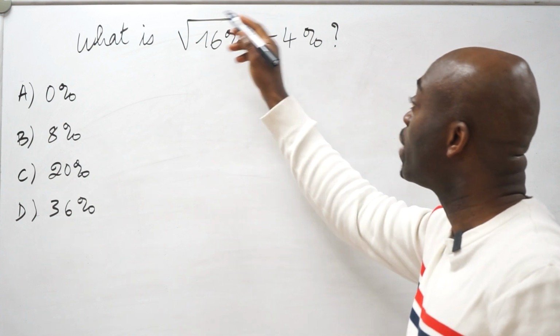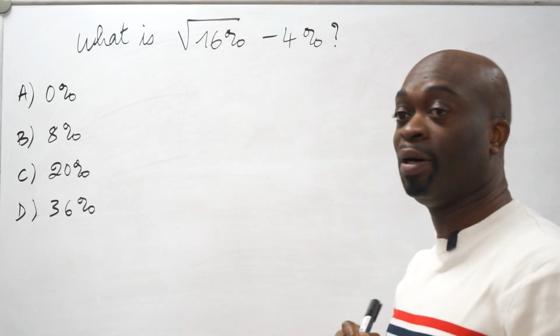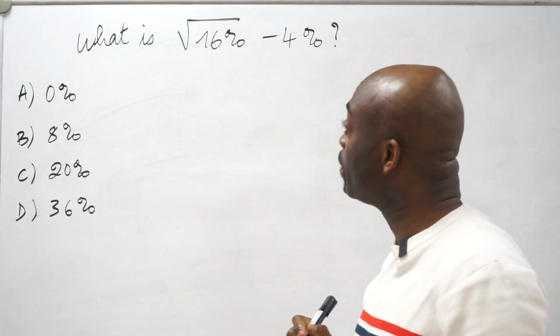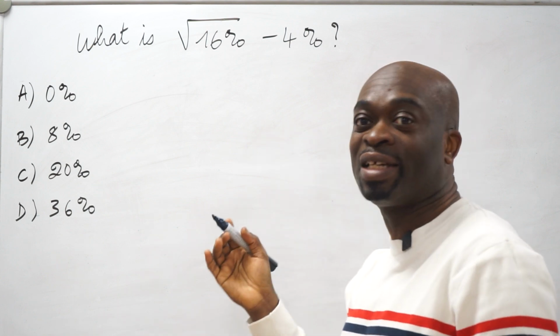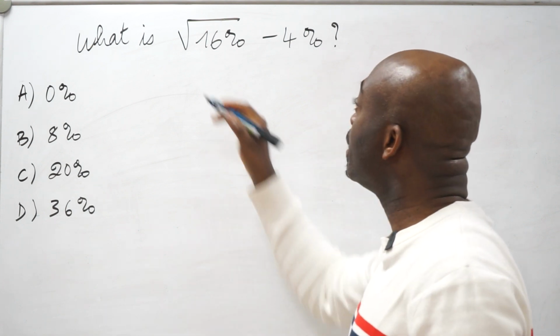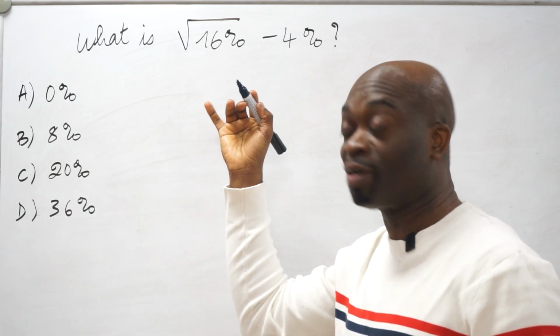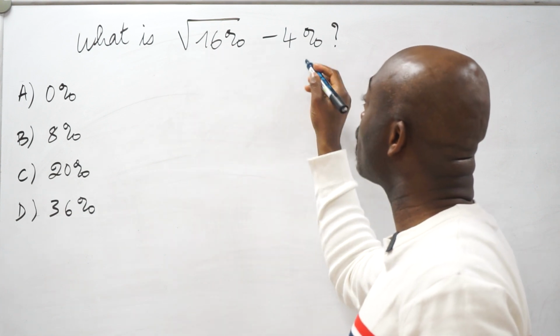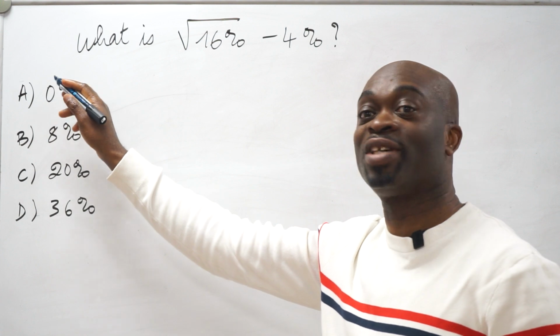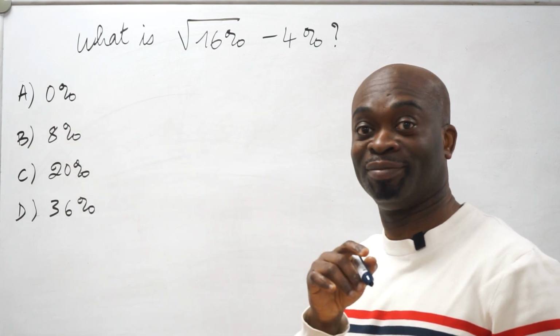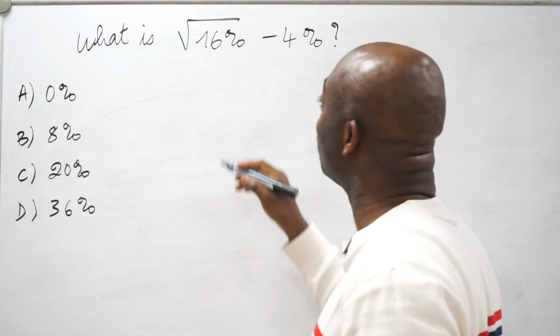So let's go for it. We've got to take the first term here and see how we can deal with it. So 16%, the common mistake that people will make is, because this is 16 underneath the square root, that would be 4%. So they have 4% minus 4%, they get 0%, which is A, and that is wrong. That is definitely wrong.